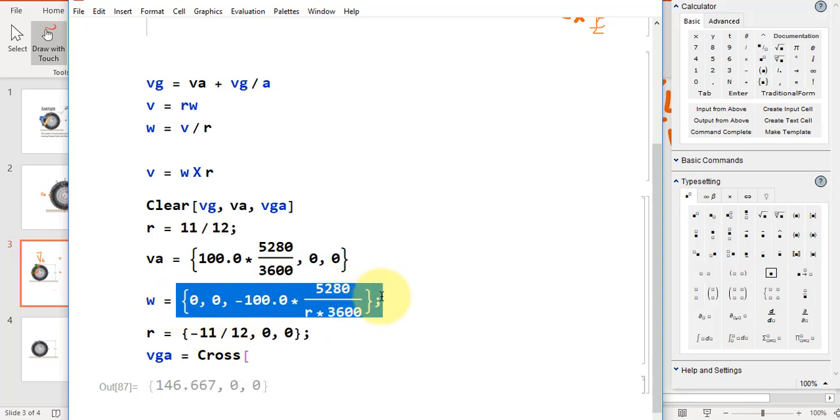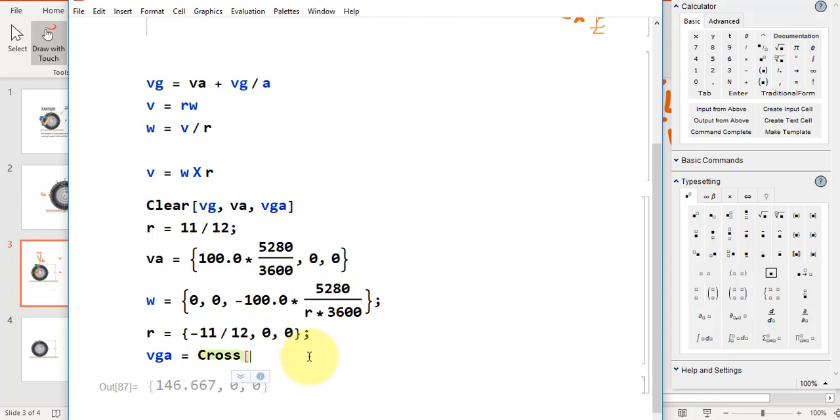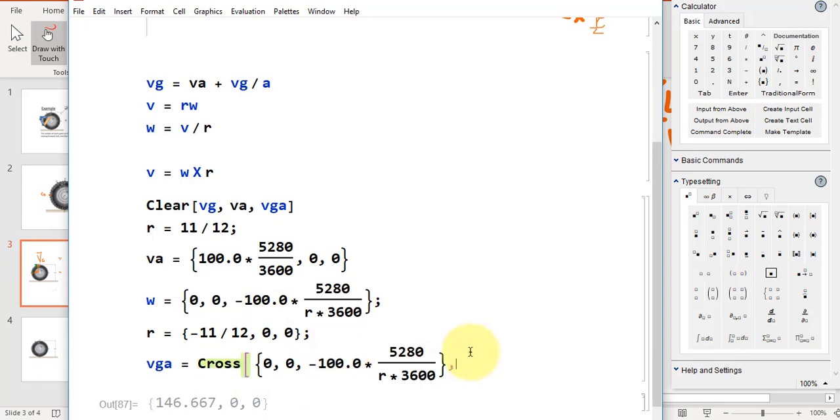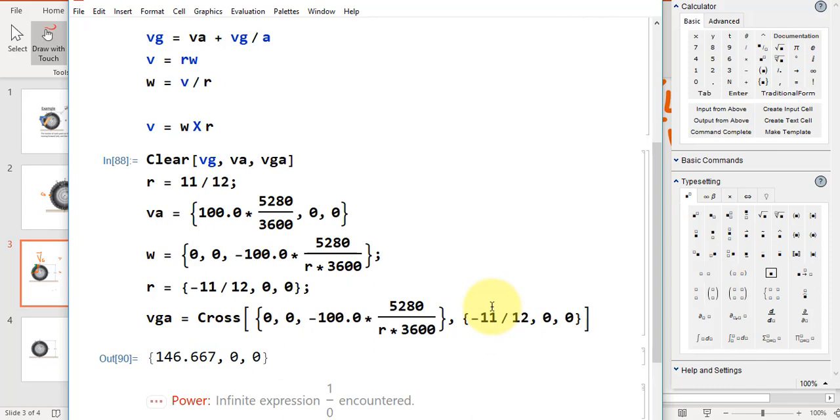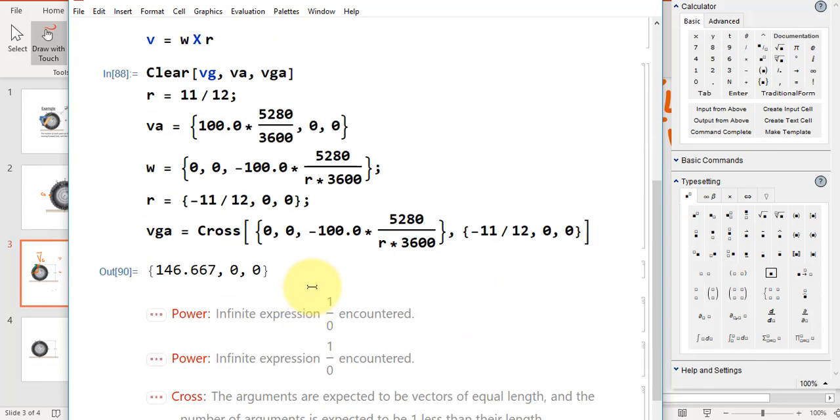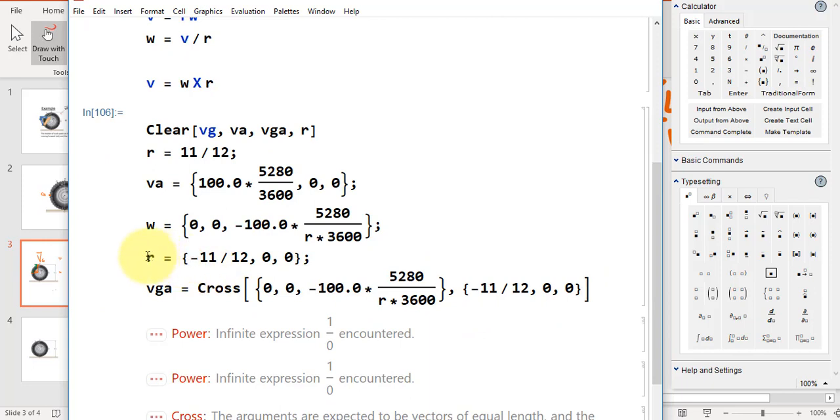So it'll be omega, and I could just type in omega here, omega cross r. And if you crank through this cross product, what you will get, oh, whoops, I had r as a vector up here, and r is just a number here.